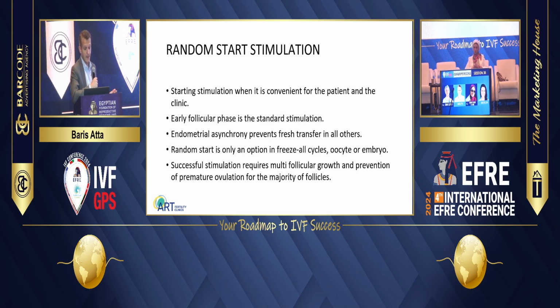That's the basic. And then if you are able to forfeit a fresh transfer for any reason, then you can start stimulation when it is convenient for you and for the patient for a multitude of reasons; that's what random start implies.